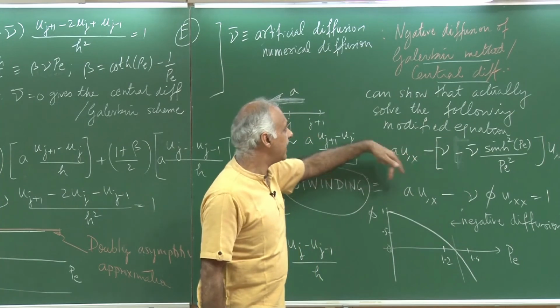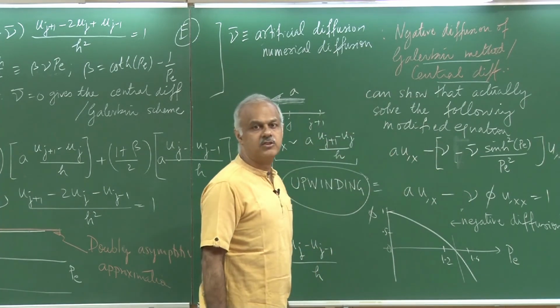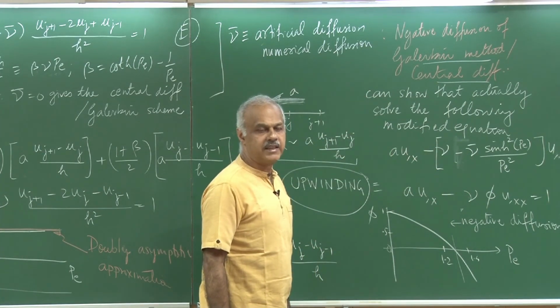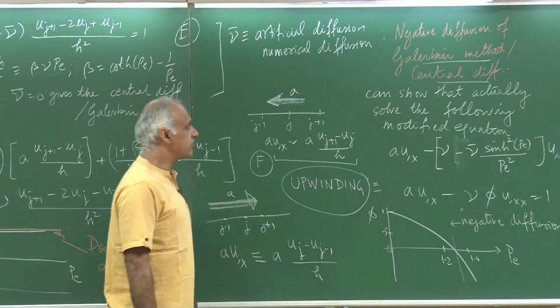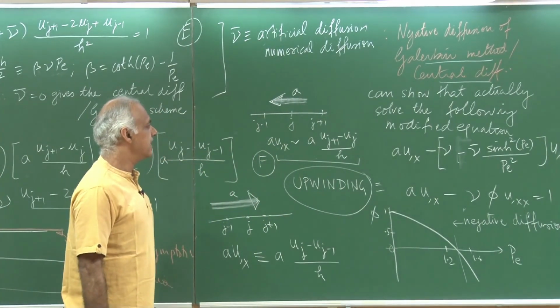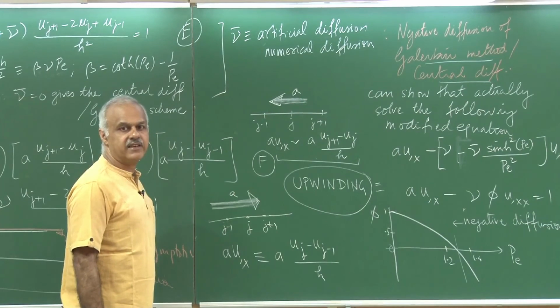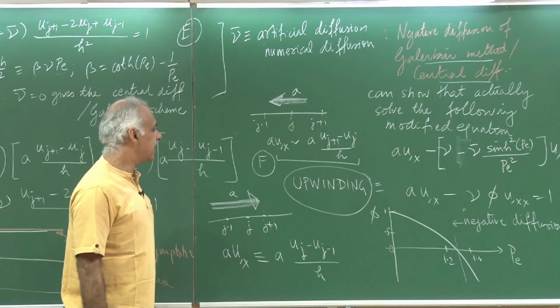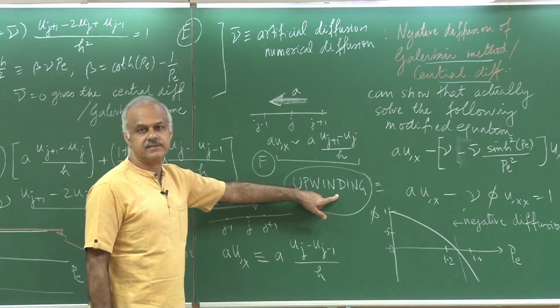So you must add some extra diffusion to be able to give a stable method. That is one way. If you do not want to do that, then perhaps you can tweak the advection operator, and the way to do that is via upwinding.